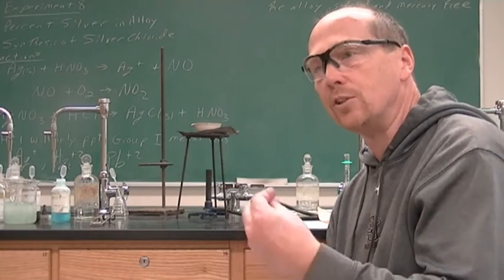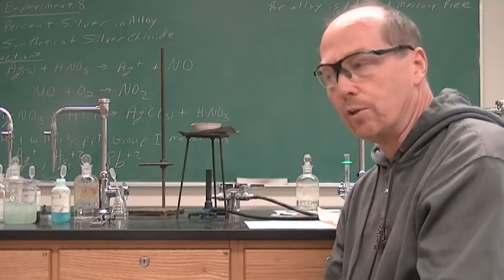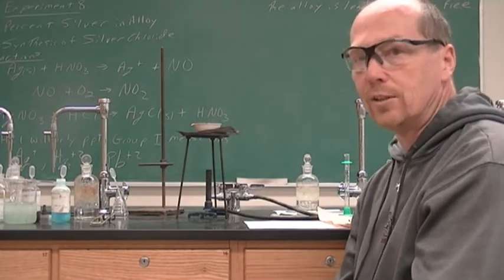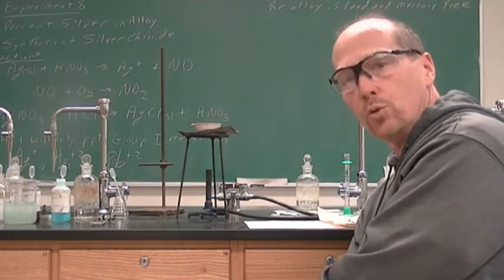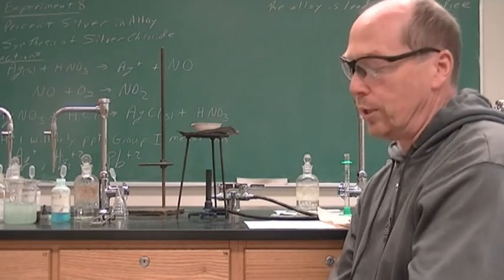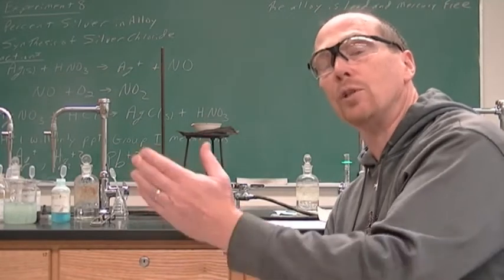In order to oxidize it, we have to add an oxidizing agent. So we added the nitric acid to oxidize the silver, and that's why the nitric acid is the oxidizing agent. Well, the nitric acid has then been reduced down to NO, and so then your Ag is the reducing agent. It was oxidized and it reduced the nitric acid.